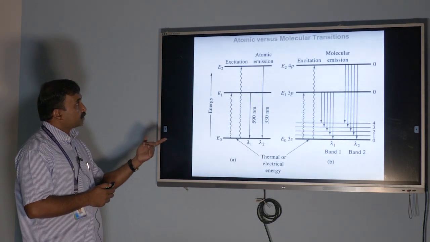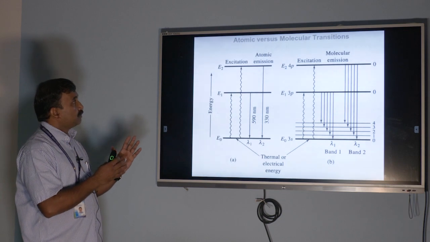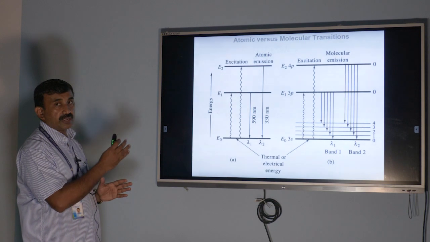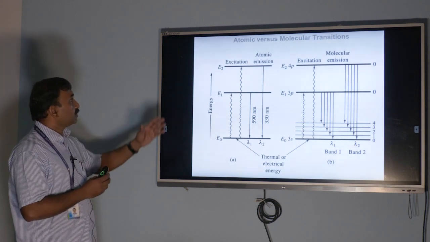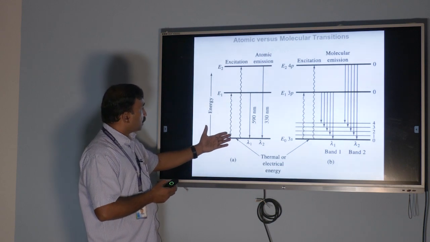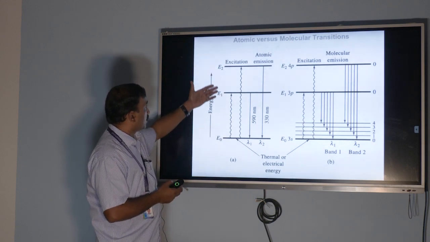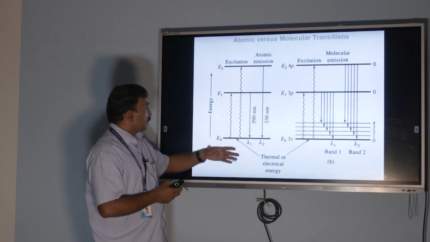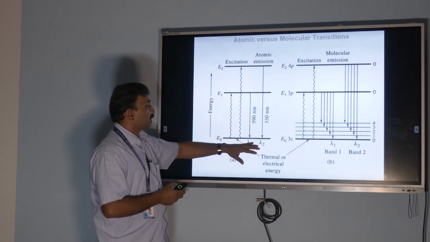This diagram shows the difference between atomic electronic transition and molecular electronic transition. In atomic electronic transition, atoms are excited from the ground state to higher energy levels, that is E1 or E2. When they lose energy, they will return to the ground state.